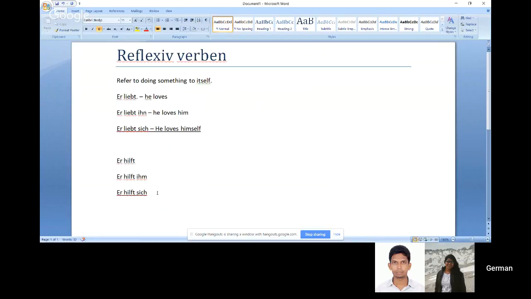Again, over here, there are some reflexive verbs that take dative case, and there are some verbs which take accusative case. The rules are same for any dative verb or any accusative verb that we learned earlier.